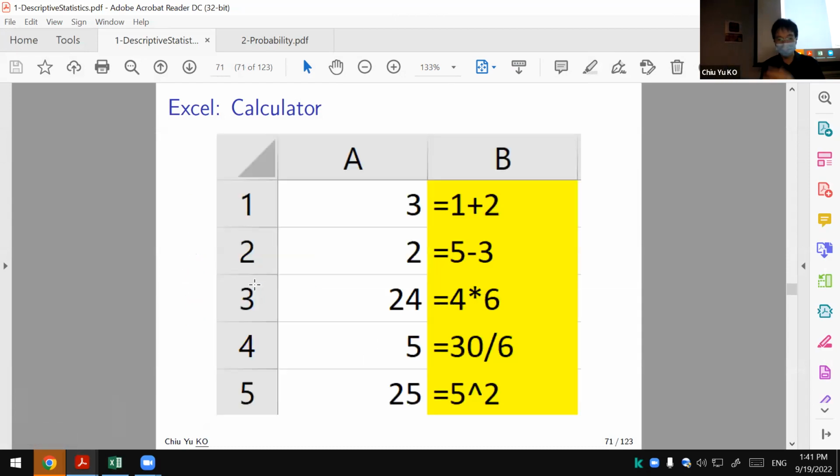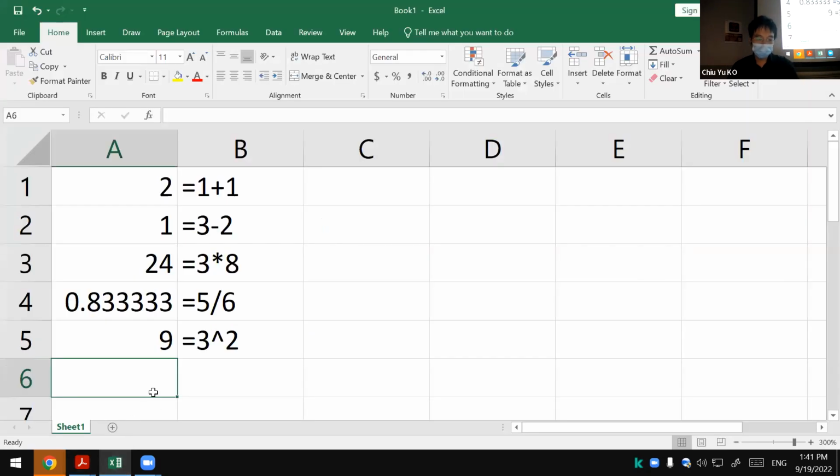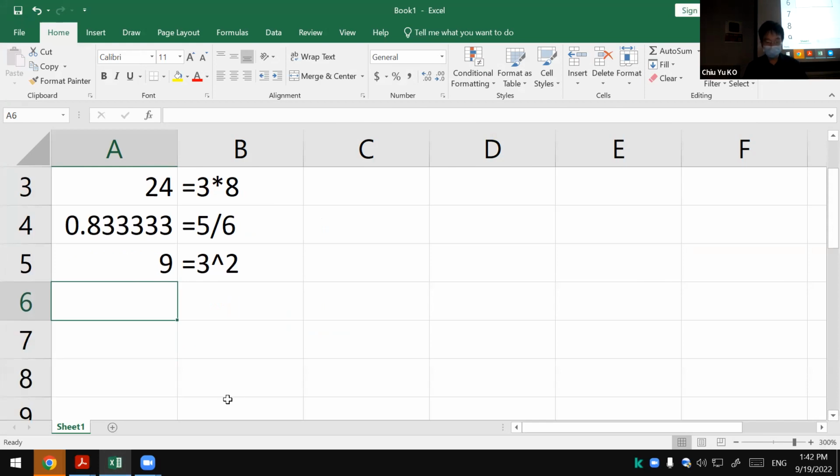So this is what you will see. Now the next thing I want to talk about is square root and exponential. Square root we use in our class to get the standard deviation from the variance. Exponential we use in topic 3. So let's do square root.